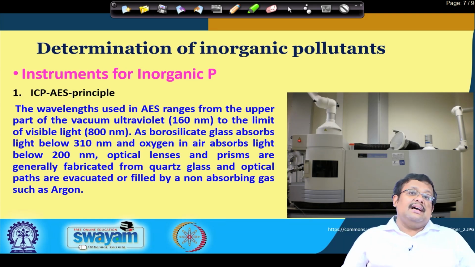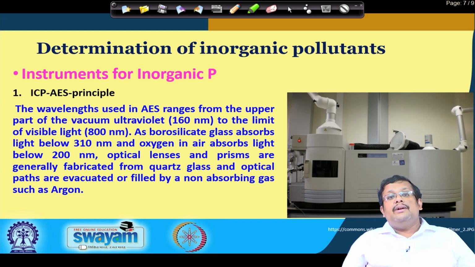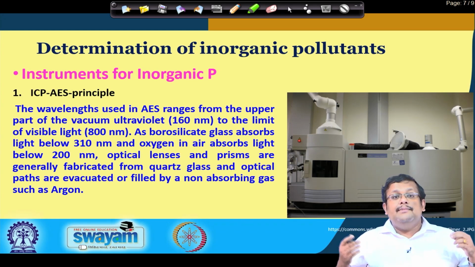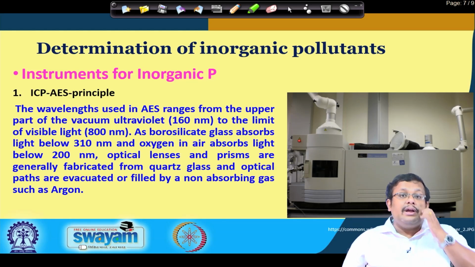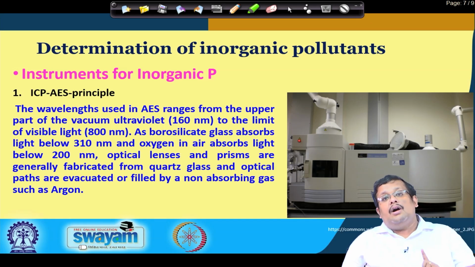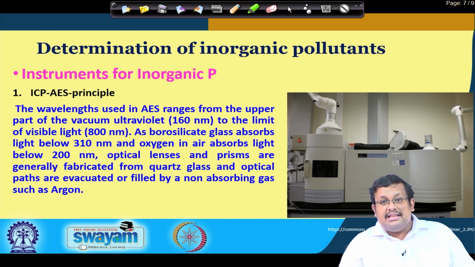Now, as borosilicate glass absorbs light below 310 nanometer and oxygen in air absorbs light below 200 nanometer, optical lenses and prisms are generally fabricated from quartz, and optical parts are evacuated or filled with a non-absorbing gas such as argon, because if there is a presence of oxygen, there will be absorption of light. So, that is why they are either evacuated or filled with a non-absorbing gas like argon. So, this is a picture of the ICP-AES instrument, as you can see, and this instrument is also very costly and it is a gold standard method for measurement of different elements.